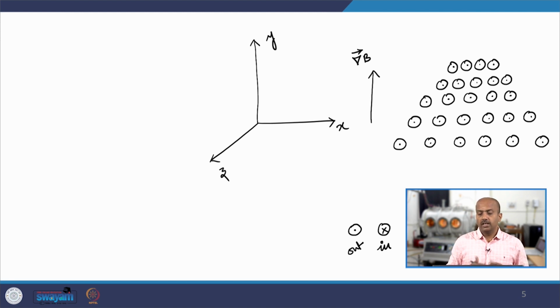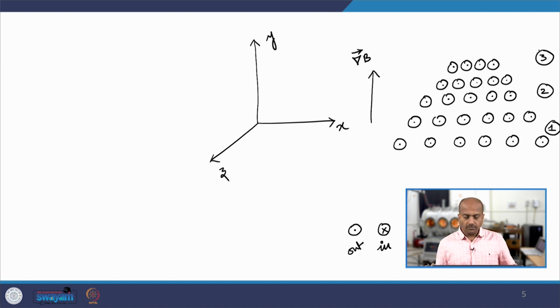Gradient always indicates the direction in which the physical quantity is increasing, right. So, this means that it is evident from the figure itself that the magnetic field is increasing as we go in this direction. So, let us put some references here. Let us say reference 1, reference 2, reference 3.